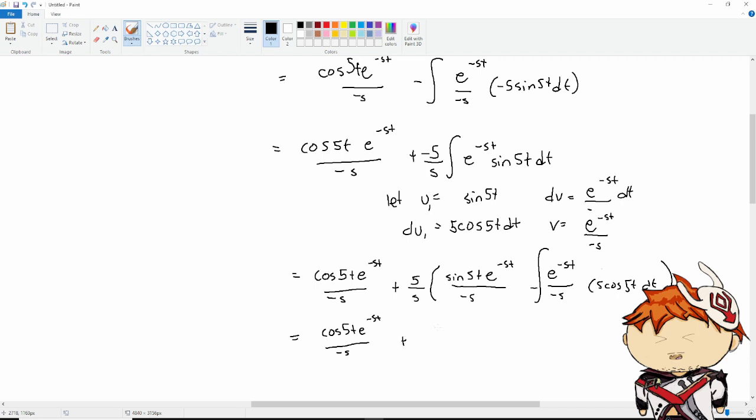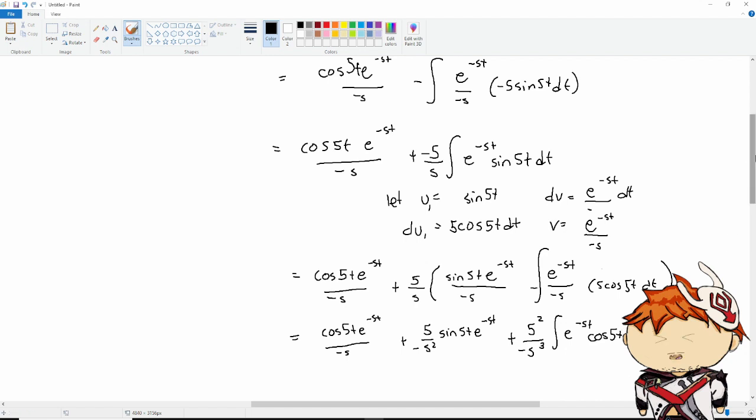Then we now have 5 over s, sine 5t e to the negative st, this is going to be negative s squared. Then this will become negative 5 squared, oh, positive now. S squared, s cubed, oh, negative. Then e to the negative st cosine 5t.